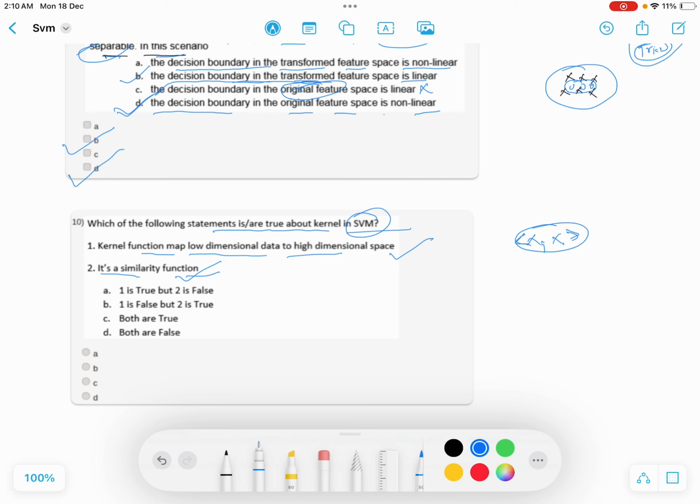This dot product is nothing but calculating the similarity between two vectors, how similar they are. We extend this idea, and instead of using this, we use some valid kernel functions, make use of the kernel trick, and do the separation in higher dimension space. So this kernel is some kind of similarity function, and statement one is correct. Both statements are true, and that is C.